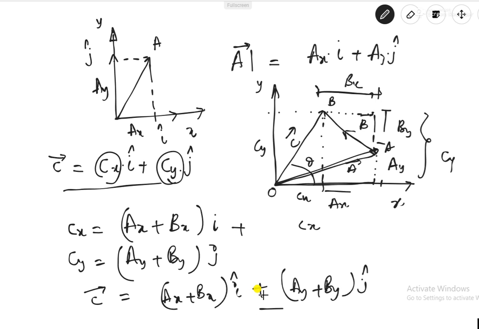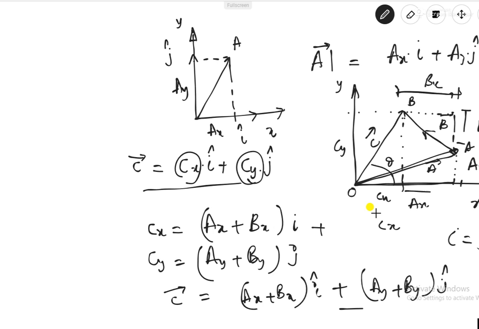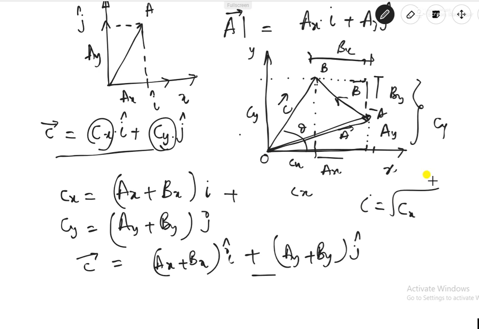If you want the magnitude of this, magnitude C is equal to root of Cx square plus Cy square, and similarly for the angle theta that this is making, tan theta is equal to Cy by Cx.